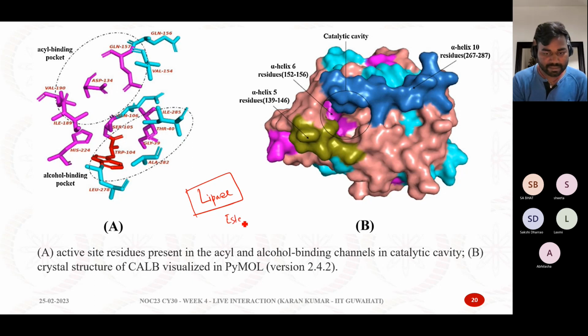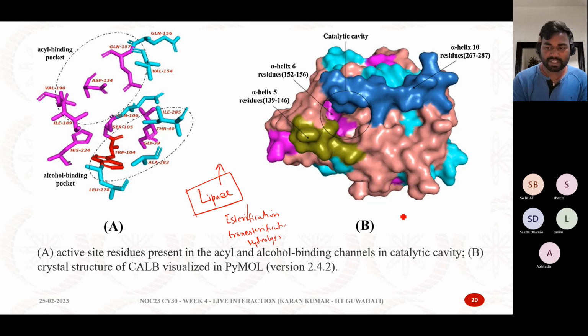It catalyzes the esterification reaction, the trans-esterification, and the hydrolysis. It catalyzes various kinds of reactions, and lipases are used in various industries: food processing, biodiesel, cosmetics, and many more.